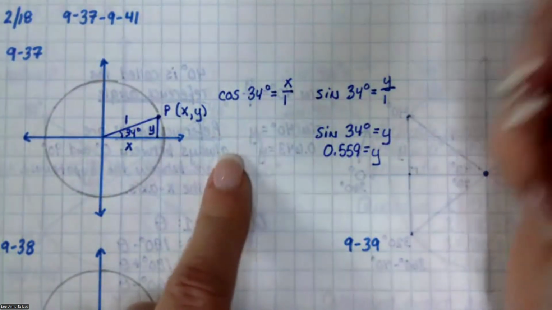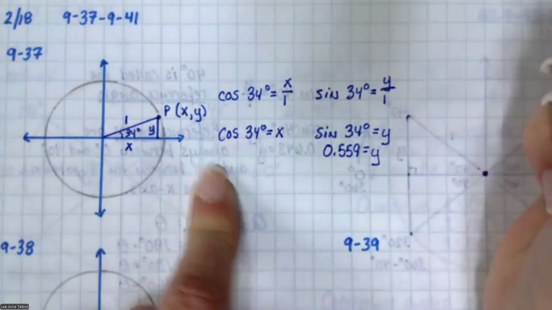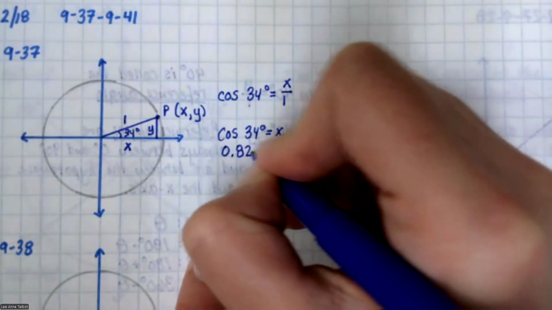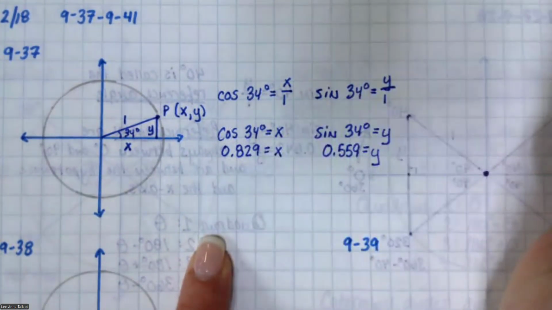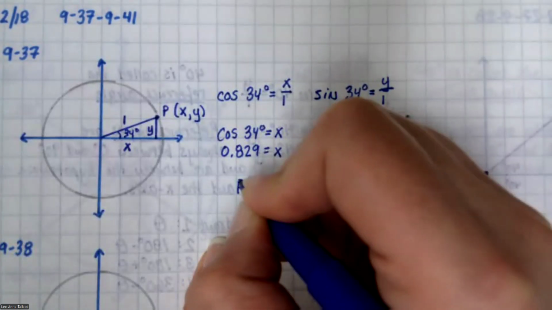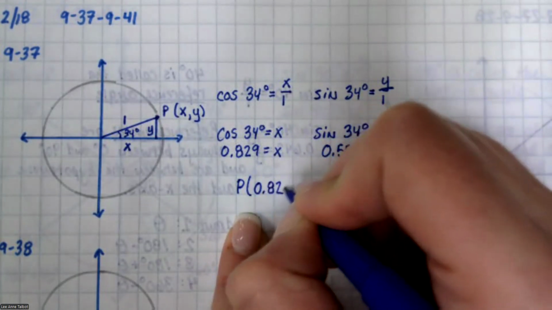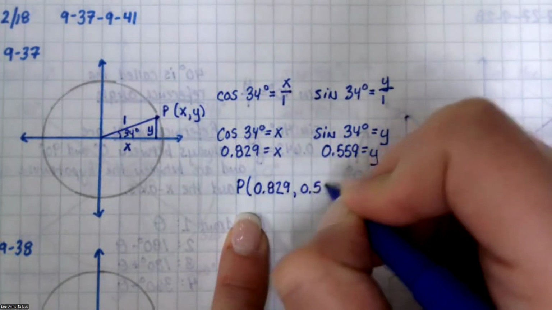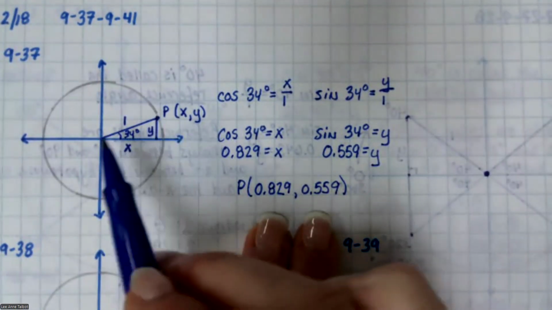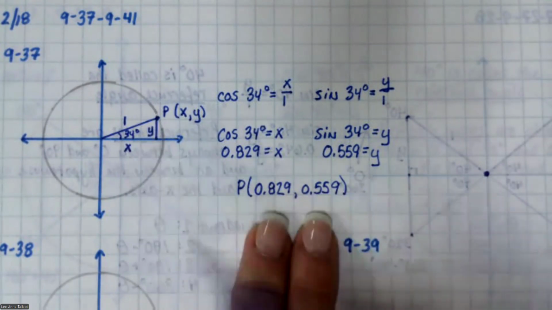Adjacent over hypotenuse. And cosine of 34 degrees equals 0.829. Okay, so that means the point P is at the coordinate 0.829 comma 0.559, which might seem weird to you, except if you remember that the radius is 1, and that has to be the longest side because it's the hypotenuse, so that makes sense.